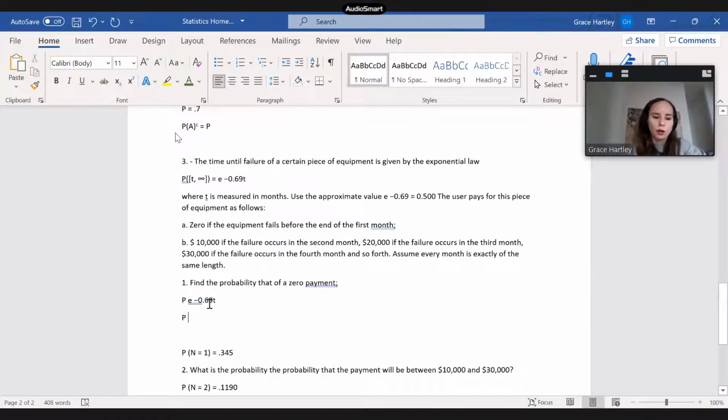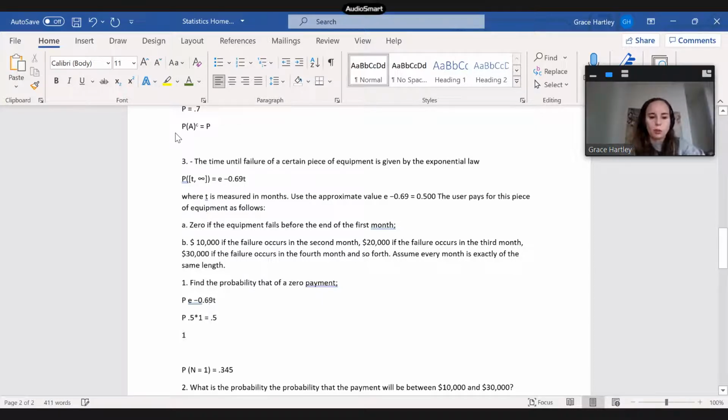For this one, it's 0.5 times 1 equals 0.5. But then you would do the complement, which is 1 minus 0.5, which is still 0.5. Is that what you mean?